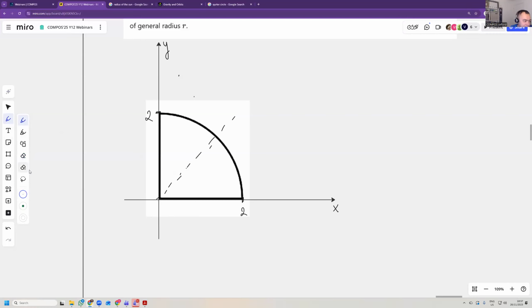So what I'm going to do is cut this disk into vertical strips.